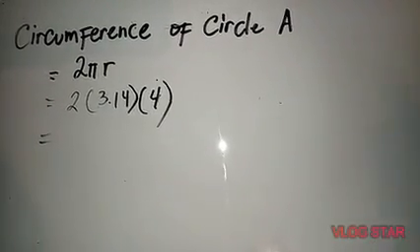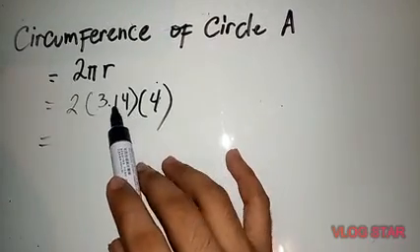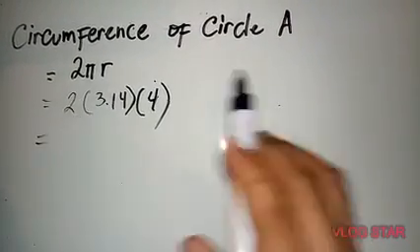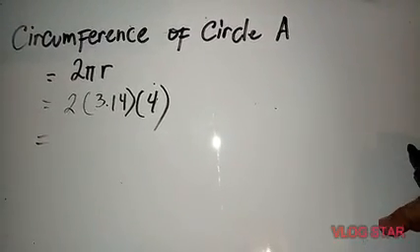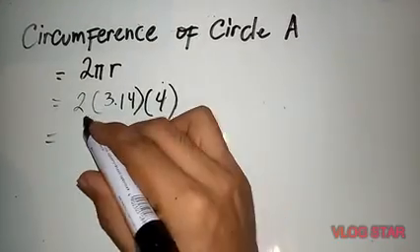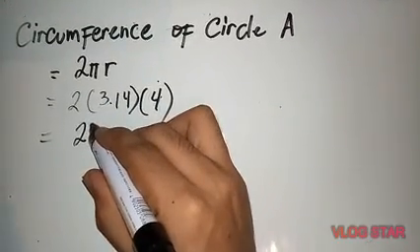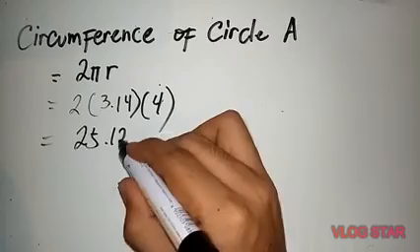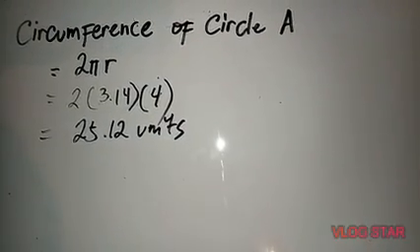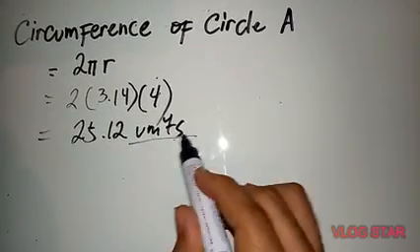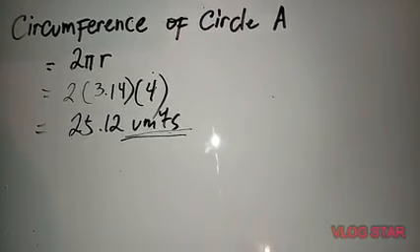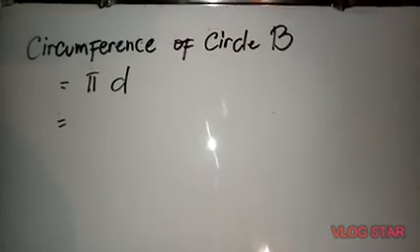It's up to you: if you want to multiply 3.14 times 4 first, then multiply it by 2, since multiplication is associative. The product would be 25.12 units. Since there are no specific units stated, you can just put units.